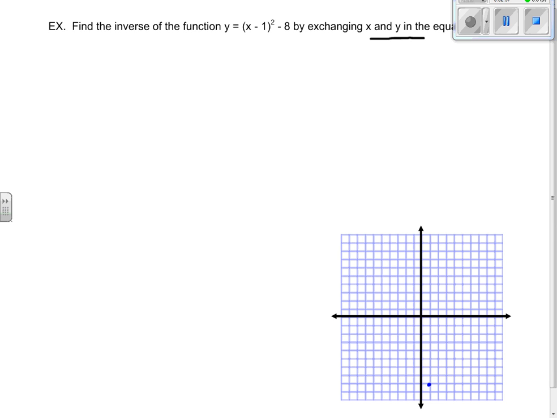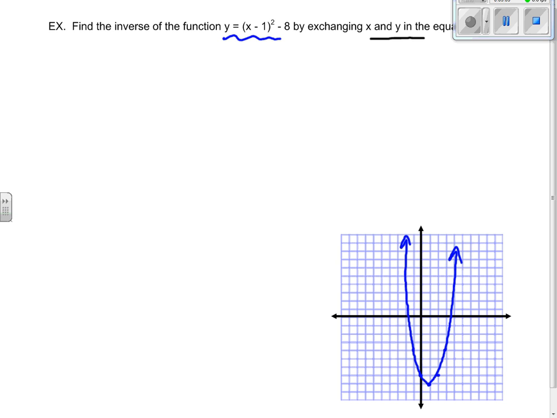It doesn't have a vertical expansion or compression, nor is it upside down, so I use a regular step pattern to draw this. Over 2 up 4. That's enough to get me started. All right, there's our original function.